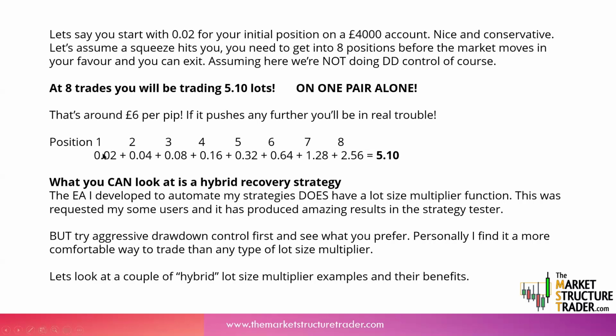Position 1 is a 0.02. Position 2 is a 0.04. Position 3 is a 0.08. 0.16, 0.32, 0.64, 1.28, 2.56, 8 positions starting with a 0.02. Suddenly you're entering 2.5 lots in the market. Yeah, you can see where the problem can possibly lie. This is 1 pair.